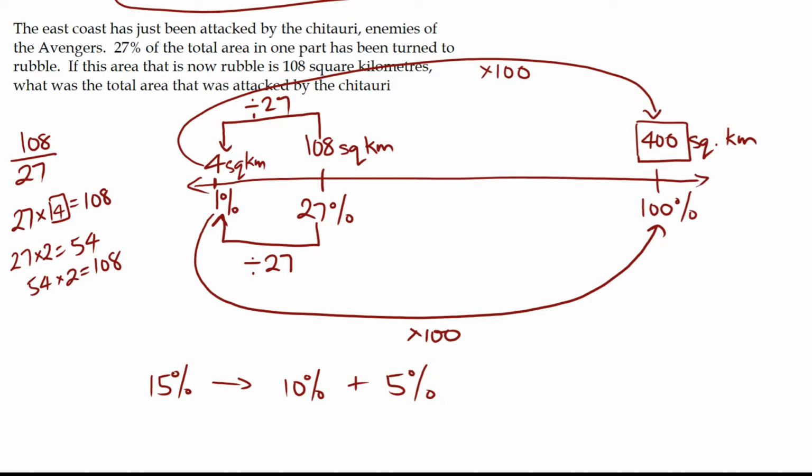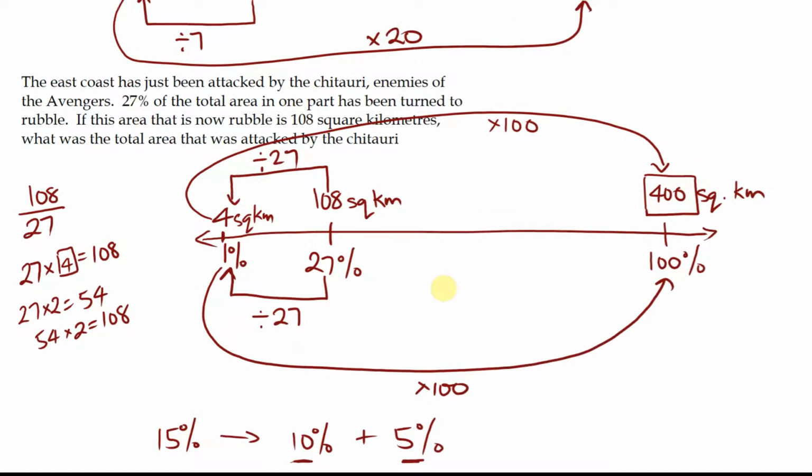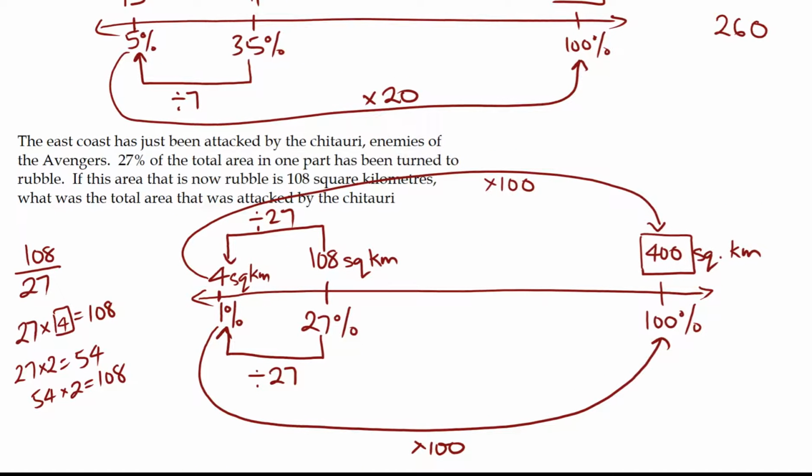So you could in fact find out what 10% is, and then what 5% is, and then add those two amounts together. However, when we're finding the original quantity or the full amount, we're thinking about the numbers and seeing what other numbers divide evenly into the ones that we have been given.